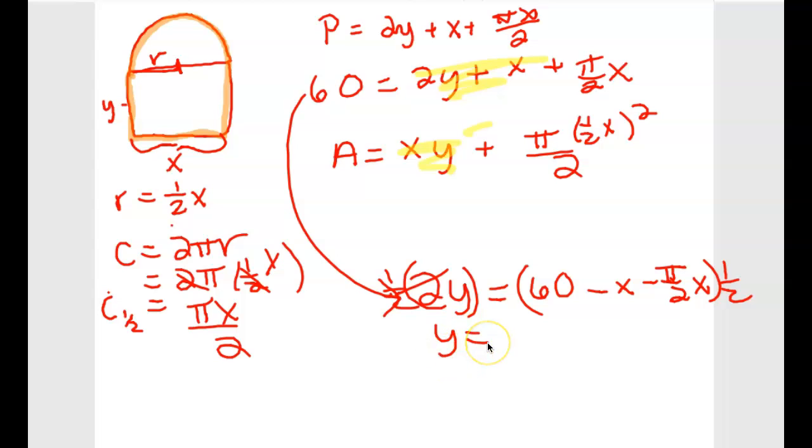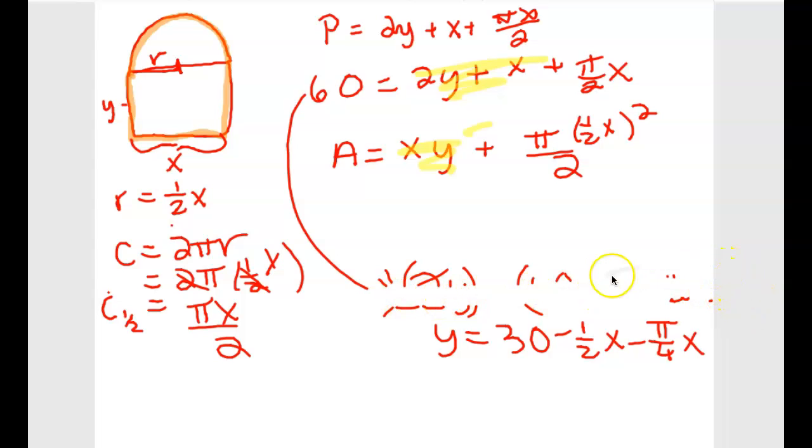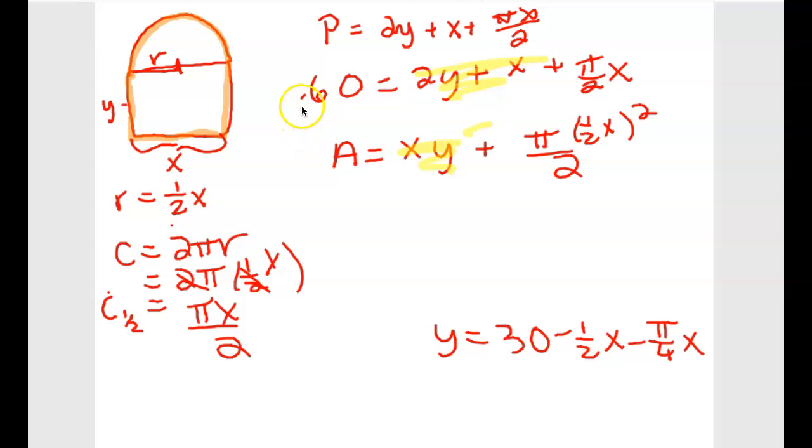So y is 30 minus 1/2 x minus pi fourths x. We're going to take that and plug it into area.